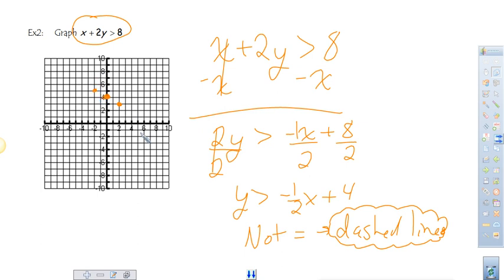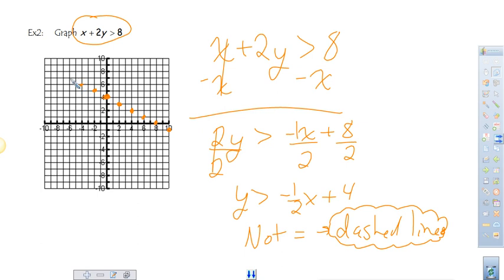One way to make a dashed line very easily is to just keep going with the slope and making a bunch of points. Keep in mind that the dotted line does cross not just right at nice points, it can cross at decimal places, but this is an easy way to make it a dotted line.